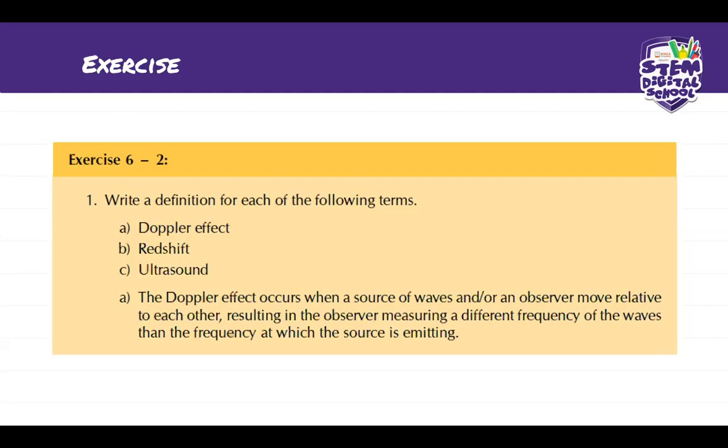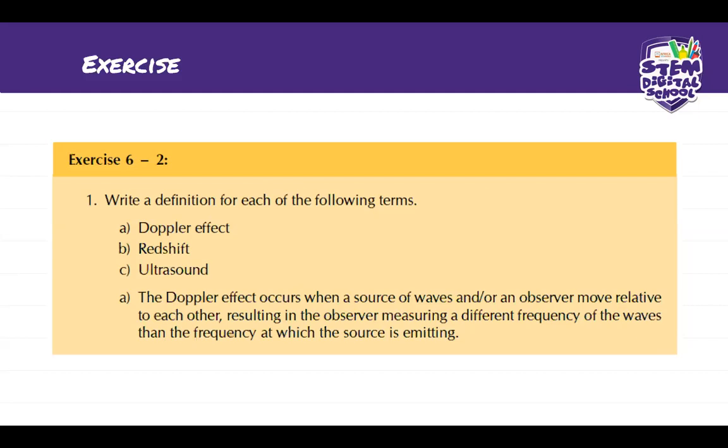So basically, the source's frequency remains the same because the source is not moving away from the sound. The sound is what the source is carrying. So there's going to be a different frequency for the observer, who will either be getting closer to the sound or getting farther away from the sound, which will cause a change in frequency, a change in pitch. I hope that makes sense to you all.